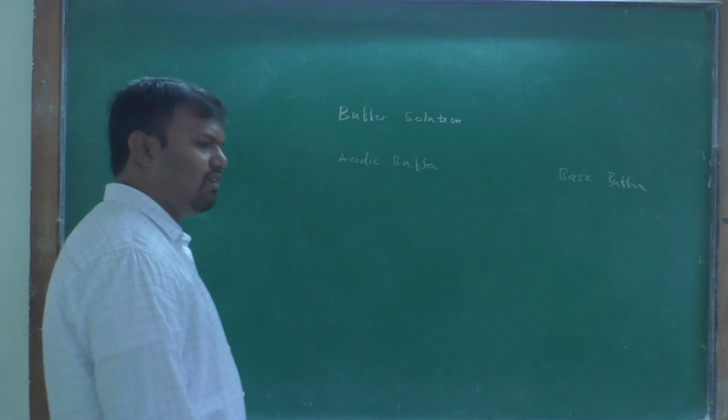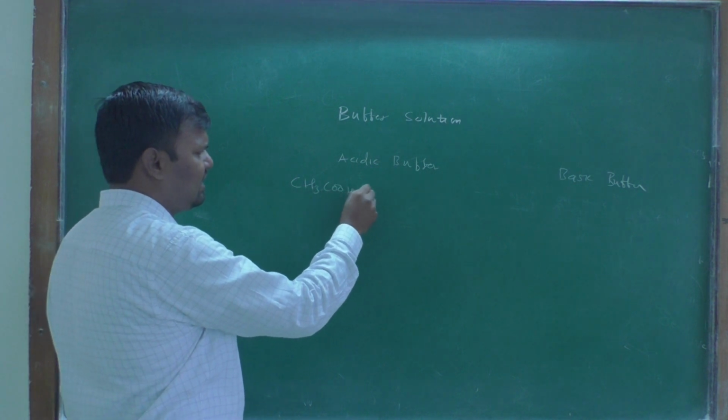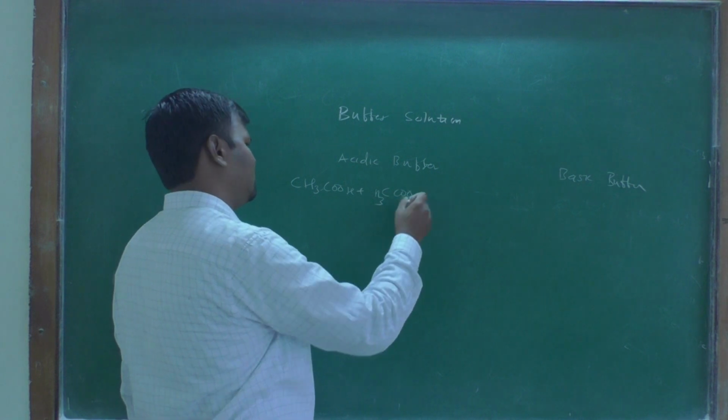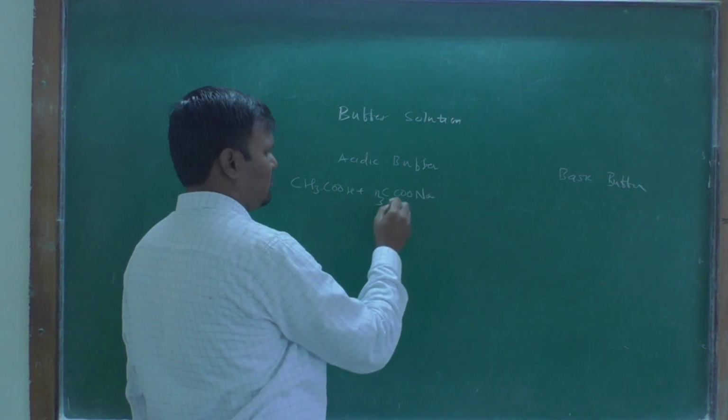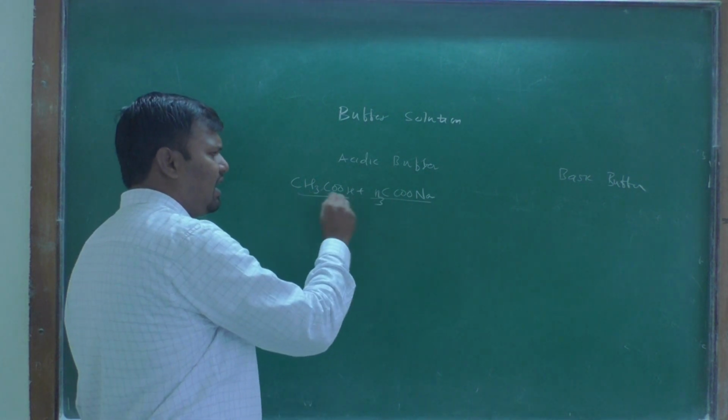Acidic buffer is made up of the weak acid and its salt.